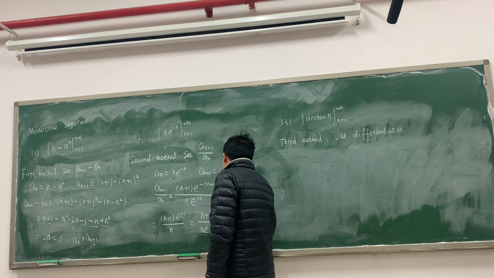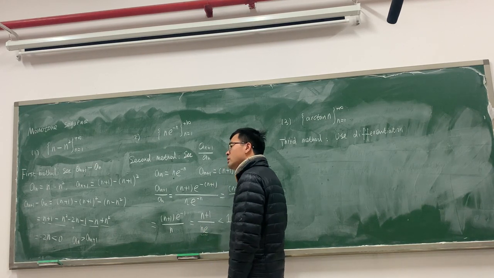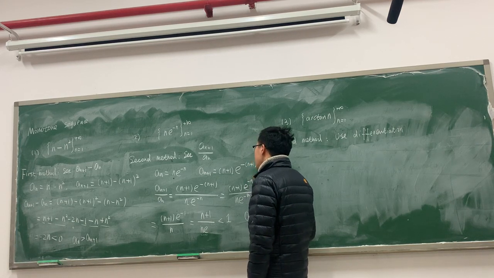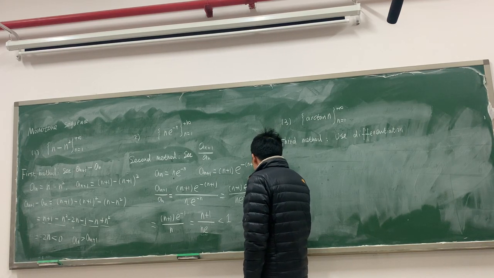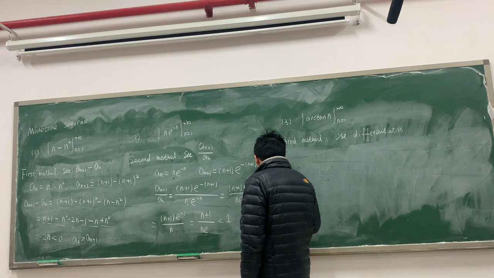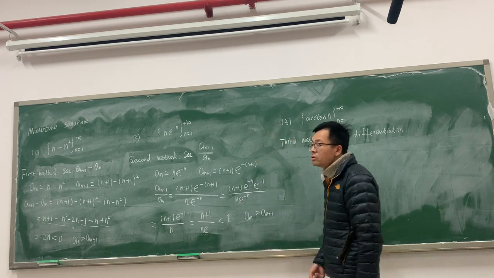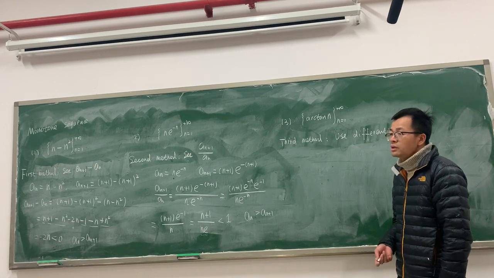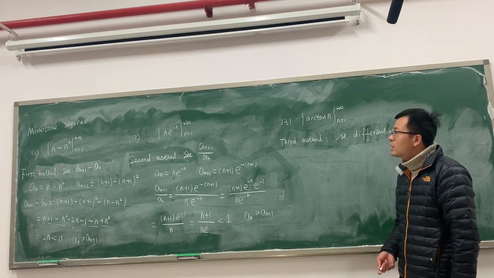So here the ratio is less than 1, so a_n is greater than a_{n+1}. So this one is also strictly decreasing. So this is the second one.